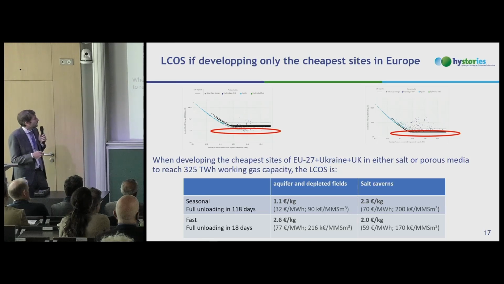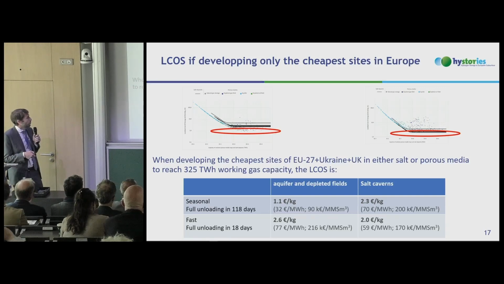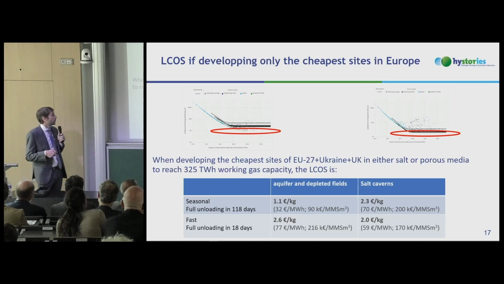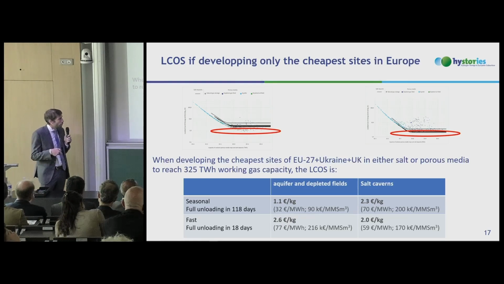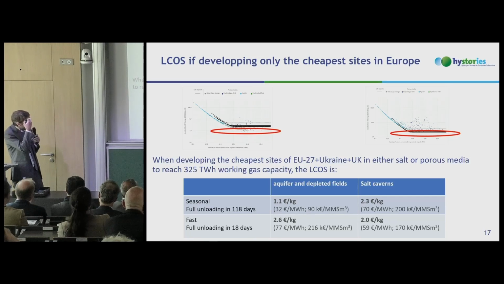So we find that the levelized cost of storage would be 1.1 euro per kilo for seasonal storage in porous media, and for fast storage it would be 2.6 euro per kilo. And for salt caverns, 2.3 euro per kilo for seasonal storage, 2 euro per kilo for fast storage.